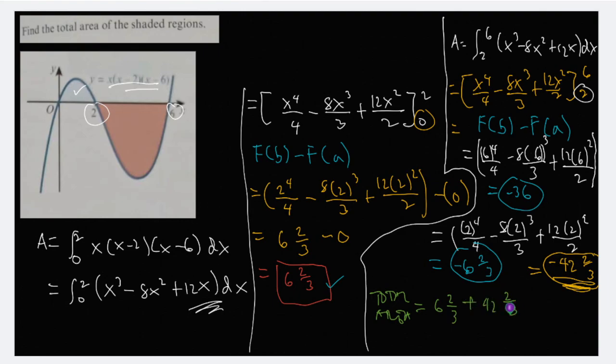Overall, we arrive at the answer 49 and 1/3 units squared. This will be the final answer.